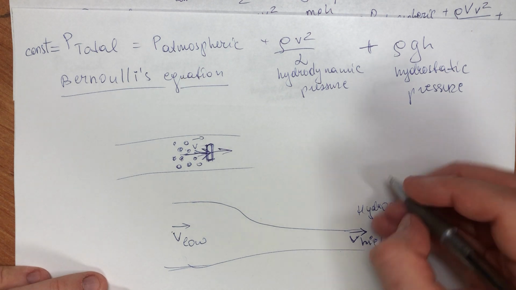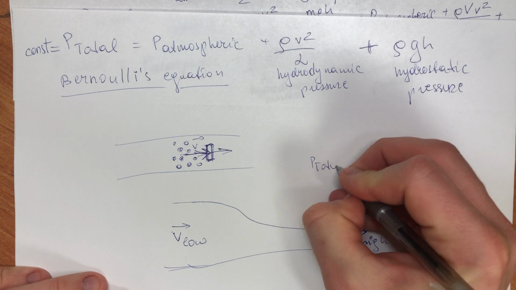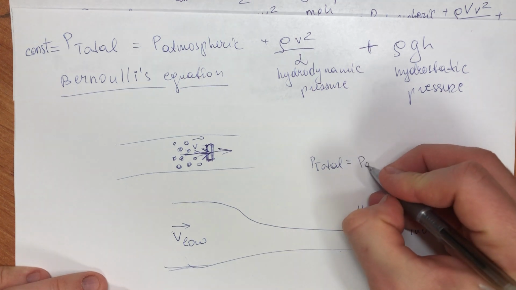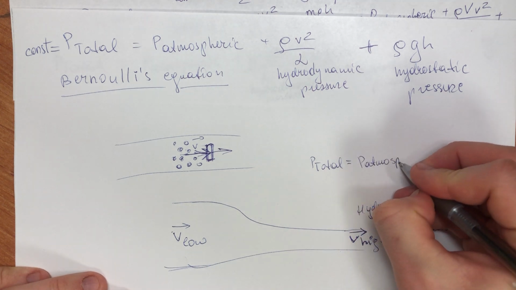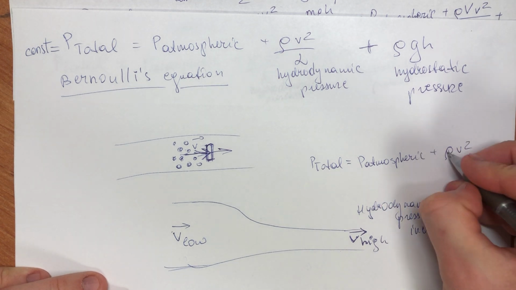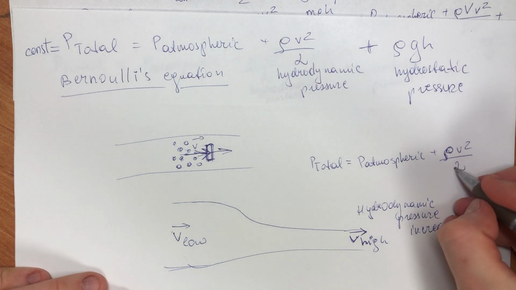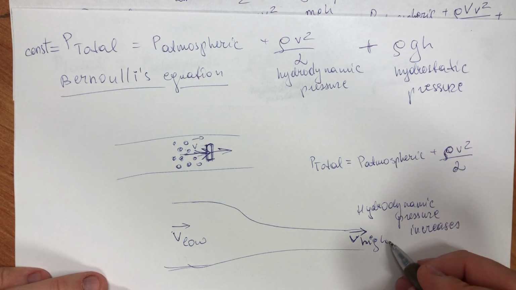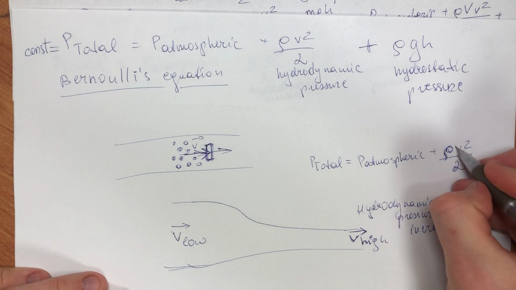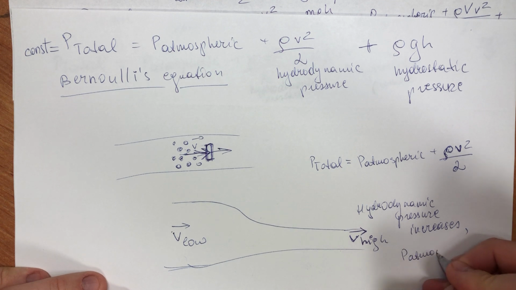Therefore, here we are restraining ourselves to only P atmospheric plus this guy, plus hydrodynamic. So hydrodynamic pressure increases here because speed increases. So therefore, P atmospheric decreases.